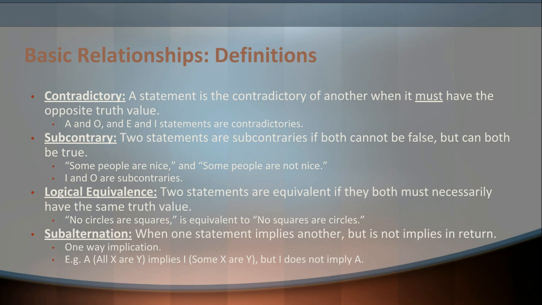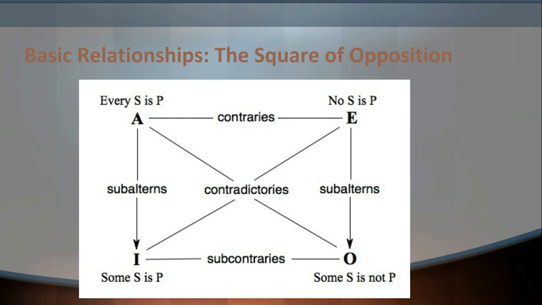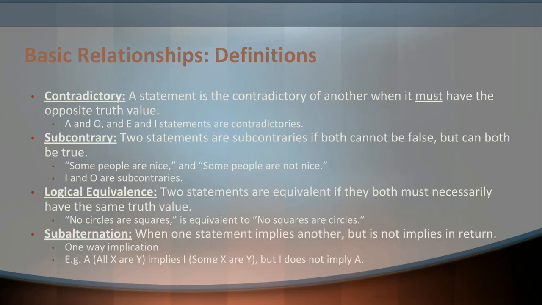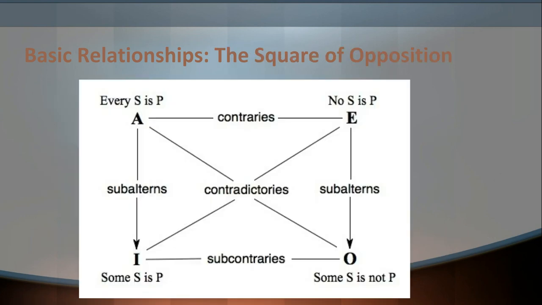So first off, one of the main things to look at here is what's called a contradictory relationship. One statement is a contradictory of another when these two statements must have opposite truth values.